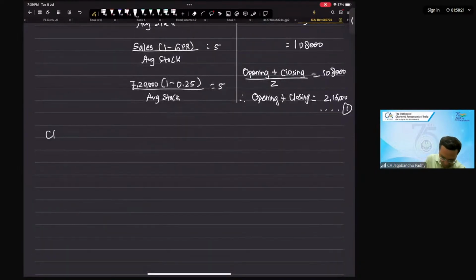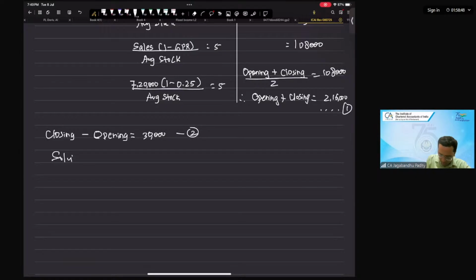So we can say closing stock minus opening stock is 30,000. This is going to be my equation number 2.